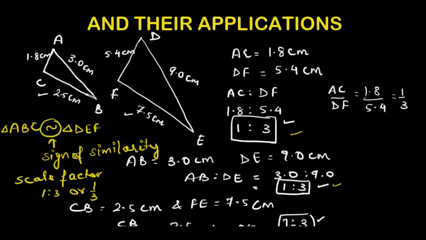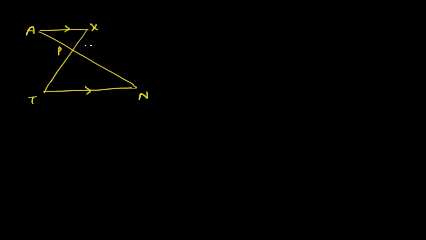Let's take up another example where we are not given the side lengths. However, we have to figure out if the two triangles are similar or not. How do we do so? Let's say we are supposed to prove these triangles similar, and then name the two similar triangles. The two triangles in this shape are triangle PXA, and we have to read the other triangle in the same way as we have read this triangle.